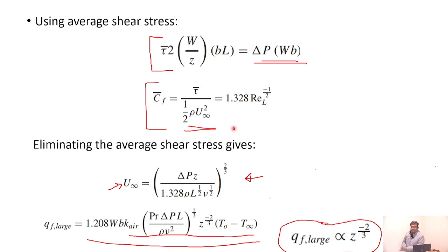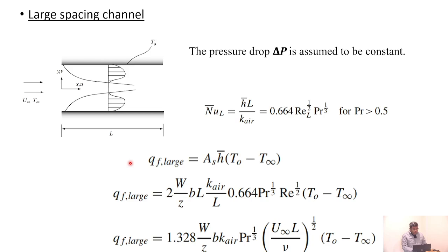So, shear stress divided by the kinetic energy. And from this, you can get u infinity like this. The 1.328 comes in the denominator. And this u infinity will be utilized here.